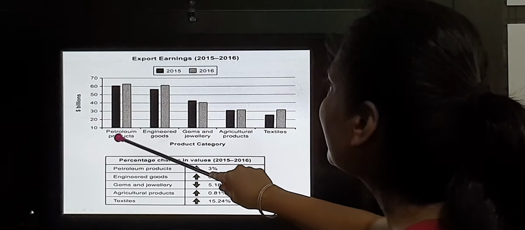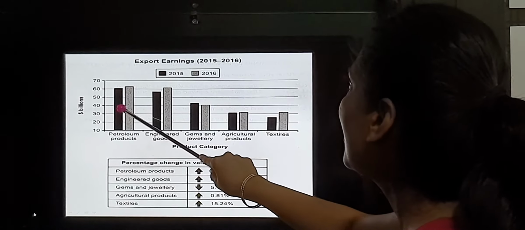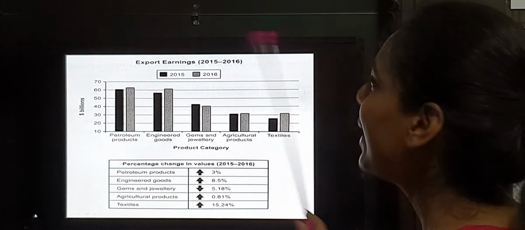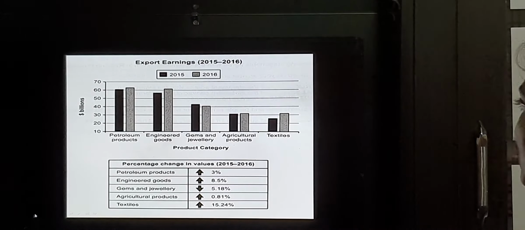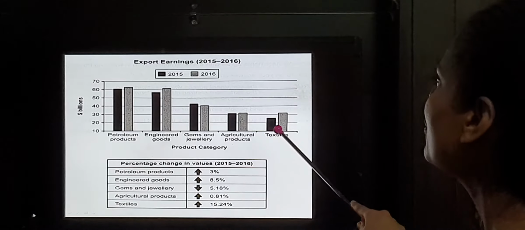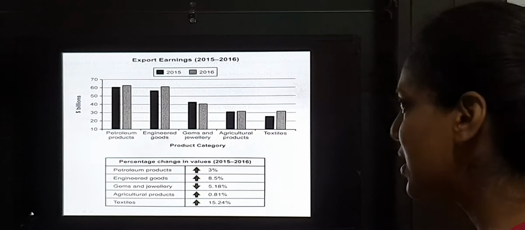Which is the first category? Petroleum products. Its export was maximum throughout in both the years 2015 and 2016, and the product which was exported least, or the earnings from which were least, was textiles in both the years 2015 and 2016.